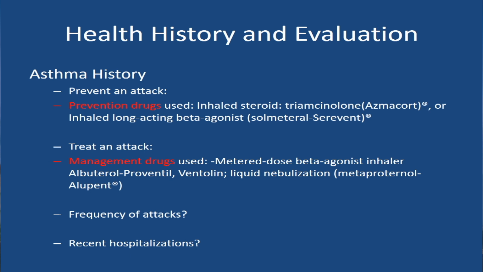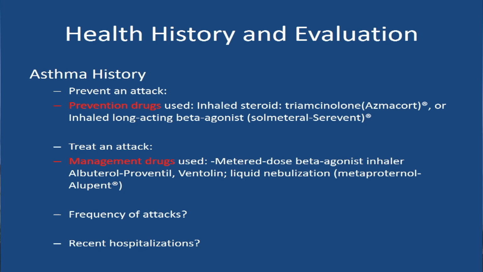Use a metered dose beta agonist inhaler, which is albuterol, Ventolin, or liquid nebulization, metaproterenol, Alupent, which can be used with a spacer in your treatment of these patients.